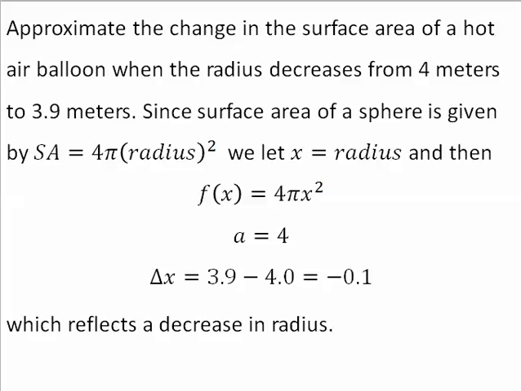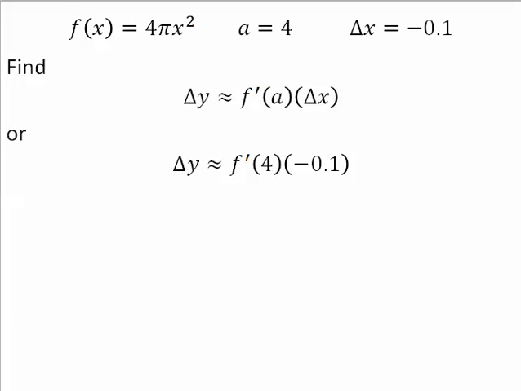Our starting point is 4 meters, and we're going down to 3.9. So delta x is negative 0.1. We need to find f prime of 4 times negative 0.1.